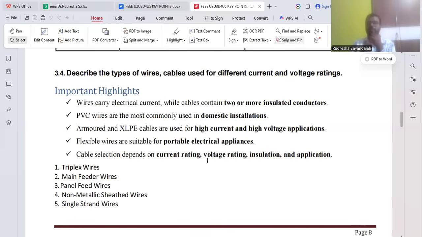Flexible wires are suitable for portable electrical appliances. Cable selection depends on the current rating, voltage rating, insulation, and application. Types: triple wires, main feeder wires, panel feed wires, non-metallic sheathed wires, single strand wires.